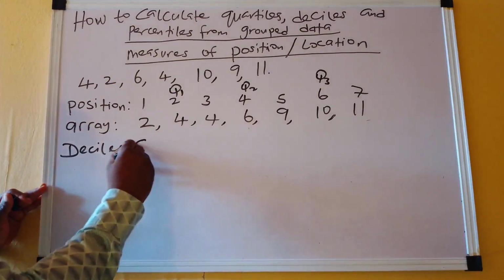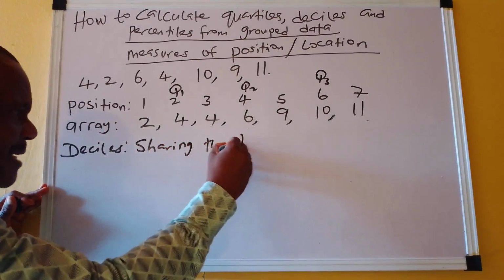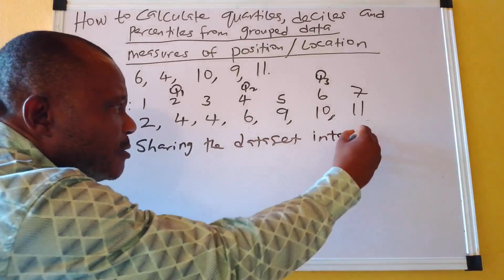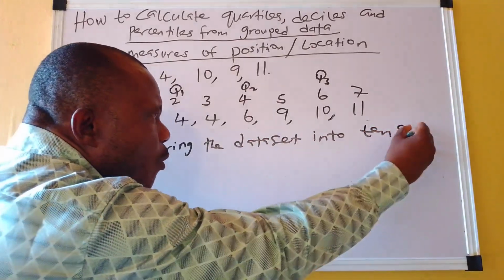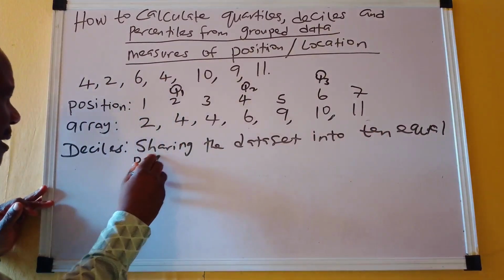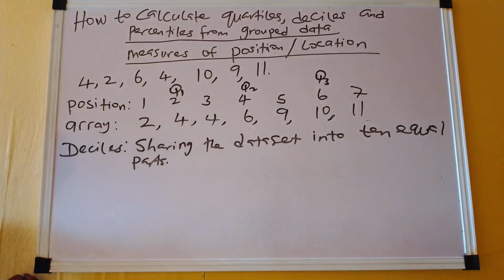It simply means sharing the data set into 10 equal parts. This is what deciles are. You are sharing the data set into 10 equal parts. And when this is done, you will be able to determine the position.